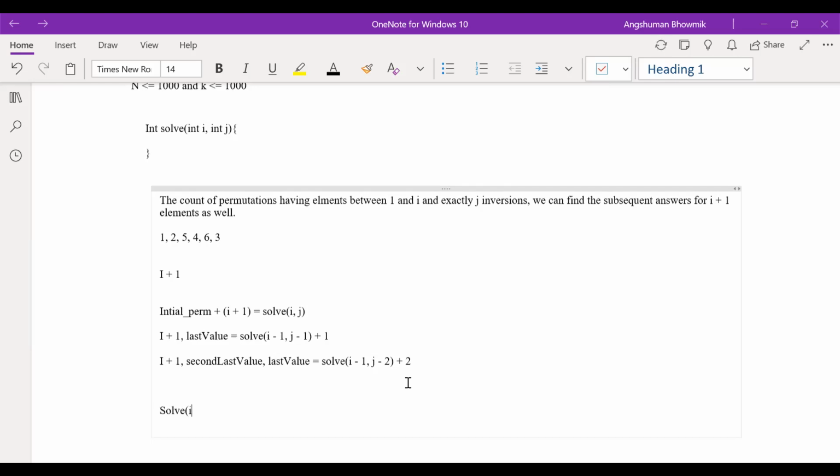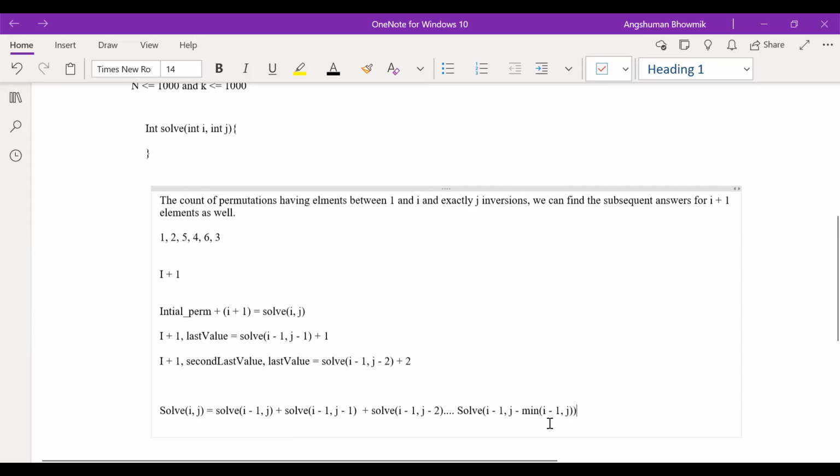Solve of I comma j is the same as solve of I minus 1 j, plus solve of I minus 1 j minus 1, plus solve of I minus 1 j minus 2, up till j minus minimum of I minus 1 comma j.